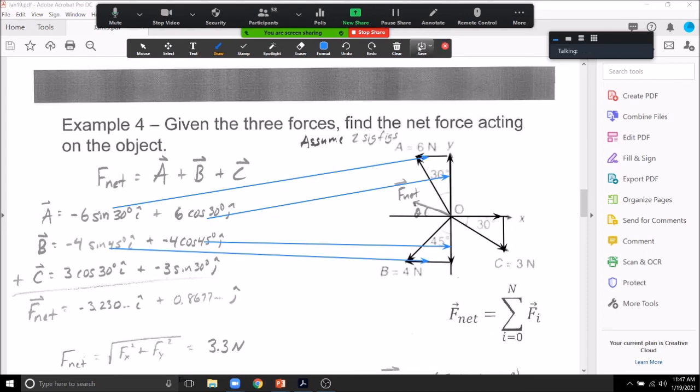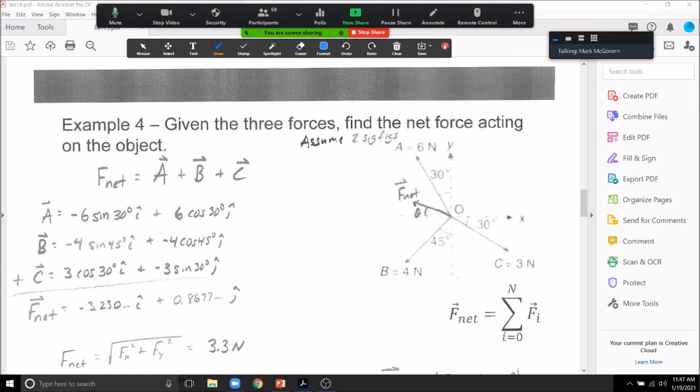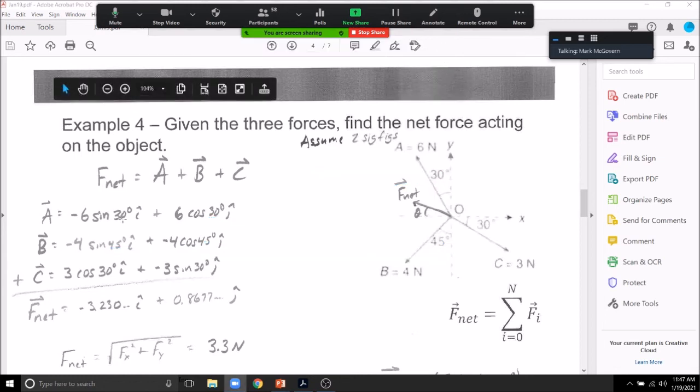Yes. So let me clear out the stuff and let's get down to the rest of it. Now, when I go to my calculator and punch all these in, I add all of this up: minus 6 sine 30 plus minus 4 sine 45 plus 3 cosine 30. So I add up all of the I hat components, and I get a minus 3.23 I hat.